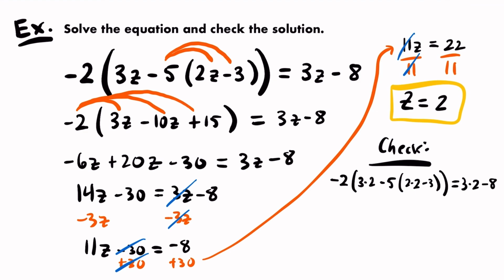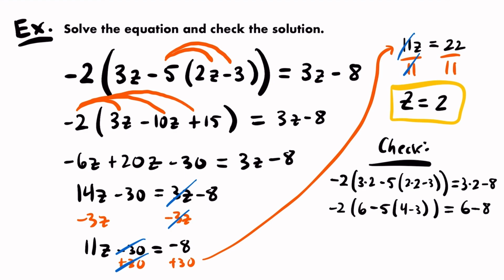All right, now simplify what's in the parentheses first. We'll have negative 2 times 3 times 2, which is 6, minus 5 times 2 times 2, which is 4, minus 3, right? So we have 4 minus 3, but that would just be 1. So next time when we simplify, we just have 1 times negative 5, which is negative 5, but that's equal to 3 times 2, which is 6, minus 8.